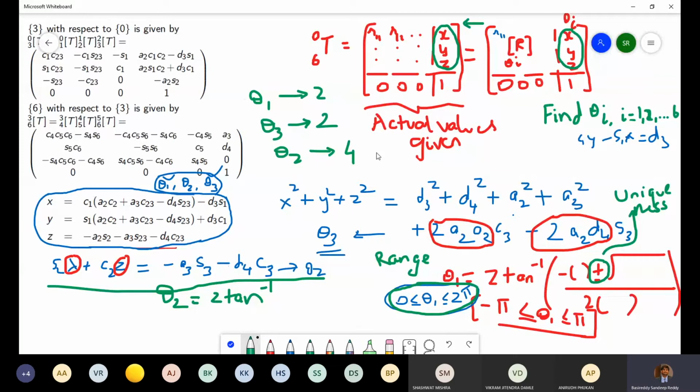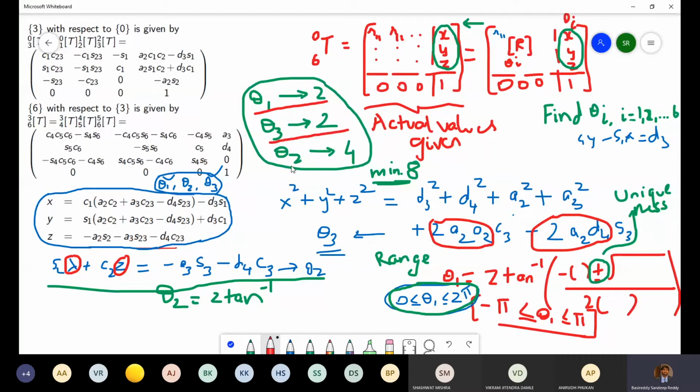We'll see what happens with theta 4, theta 5, theta 6, but certainly there will be minimum 8, because this we have calculated separately. This also we have calculated separately. Only this one was dependent. So 4 are there certainly which are separate, and 4 are dependent. So in principle we should get 8.